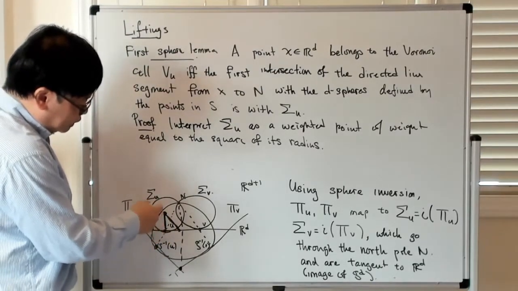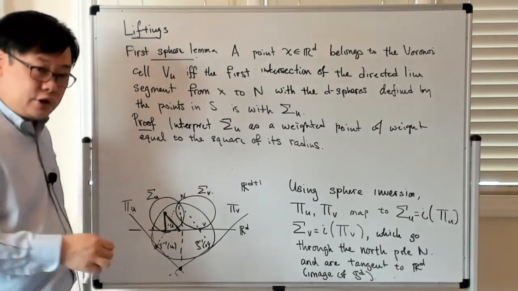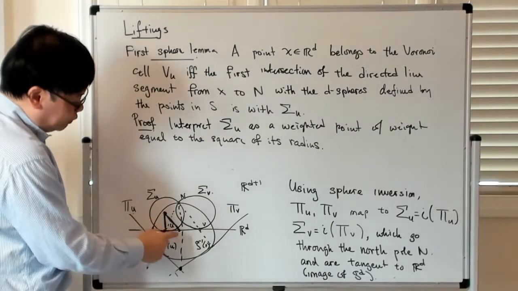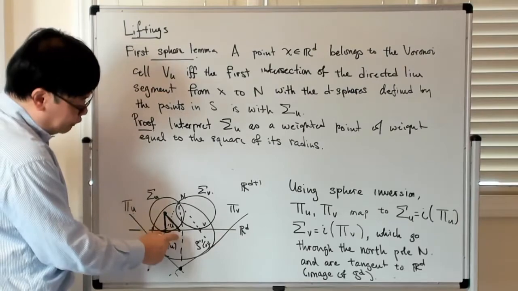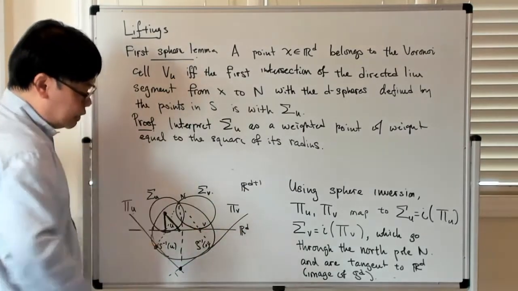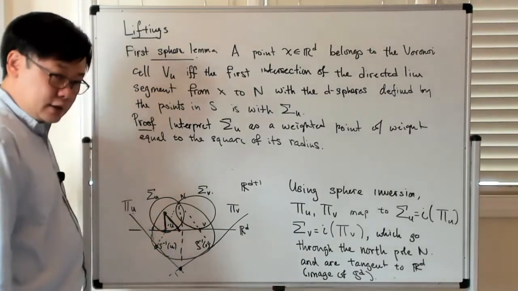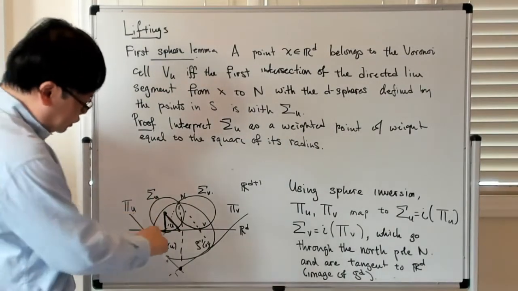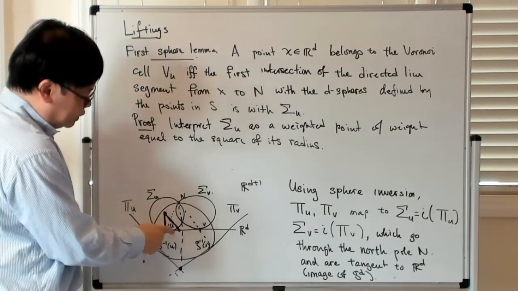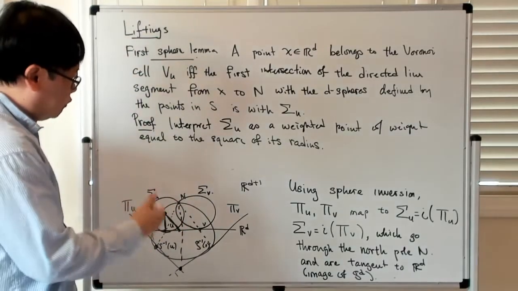So the contribution from the radius disappears, and all I'm left with is that the power of x from the center of sigma u is nothing more than the distance squared in the RD plane between x and the center of sigma u.